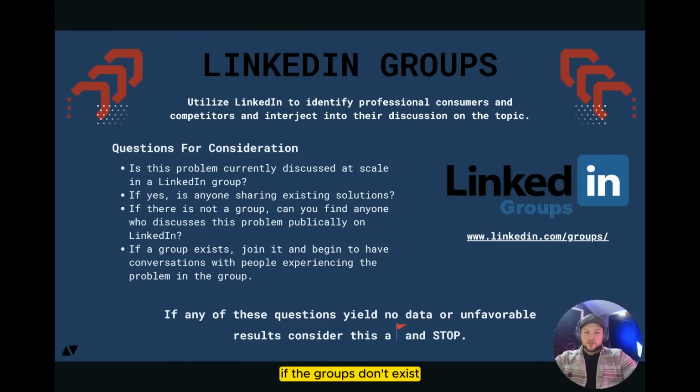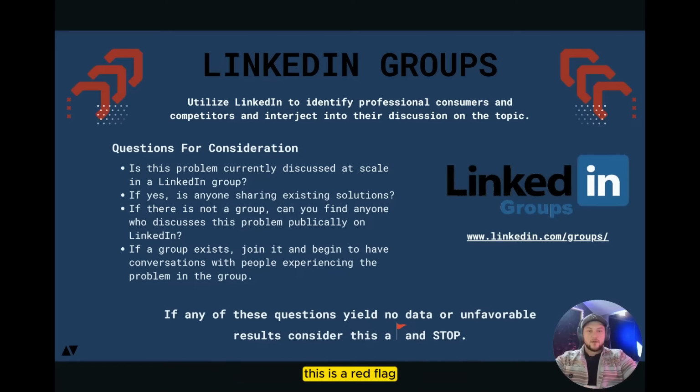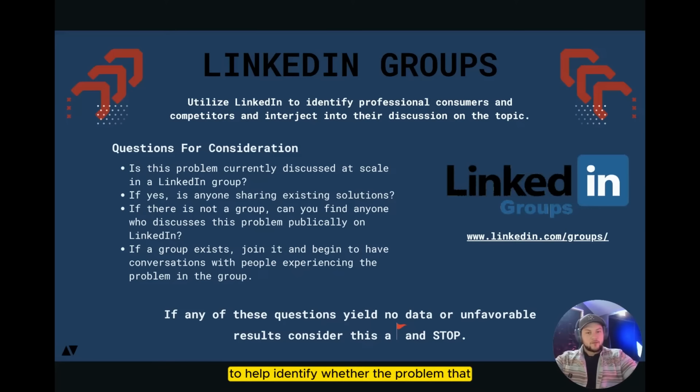If the groups don't exist, this is a red flag. If the discussions that you're having in these groups do not complement the problem that you aim to solve, this is a red flag. LinkedIn groups can be an incredibly powerful way to help identify whether the problem that you think exists actually does.